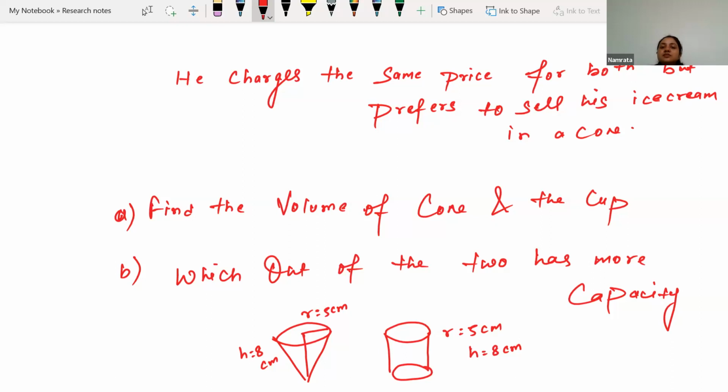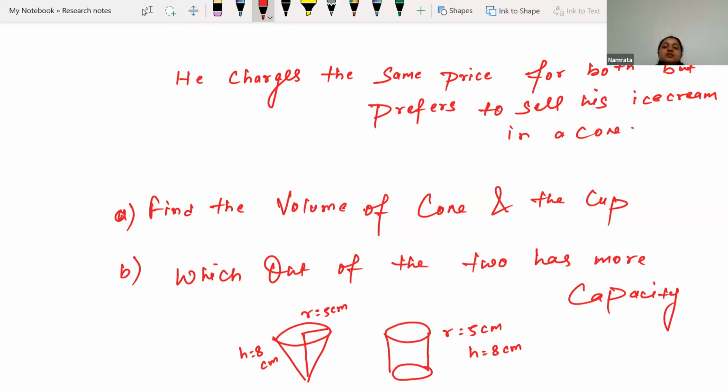Yes, that's very simple because both the measurements are clearly given. Whatever we need for finding the volume is clearly given. So that is very simple. Now the next part is asked, which out of the two has more capacity. So whichever is having more volume, that is having more capacity, right?